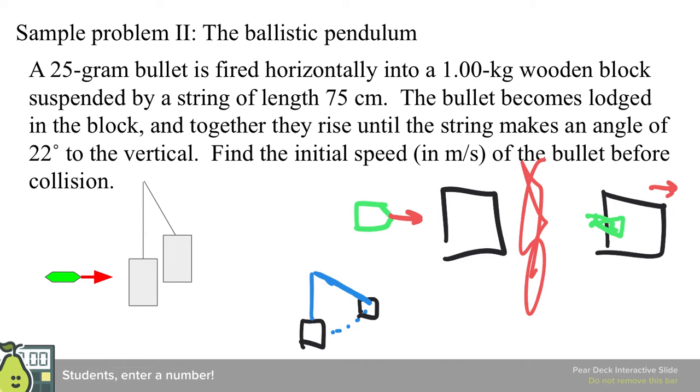And in so doing, it is raised some height. If we can take that height, we can turn it back into the initial velocity that it must have hit with. That initial velocity is, of course, the same as this output velocity here. And given this output velocity, we can go back and get the initial velocity of the bullet. And that's what we're going to do on the next page.